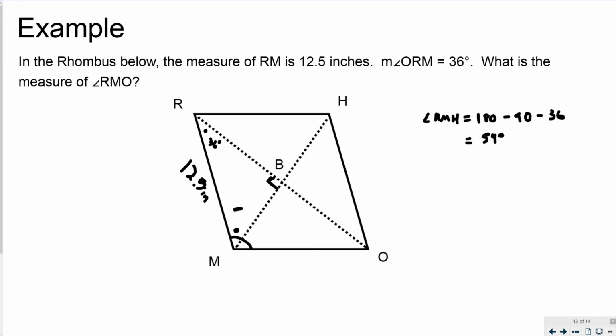And then if this is 54 down here, that means that this has to be 54. And added together, the angle of RMO would be 54 plus 54, or 108 degrees.